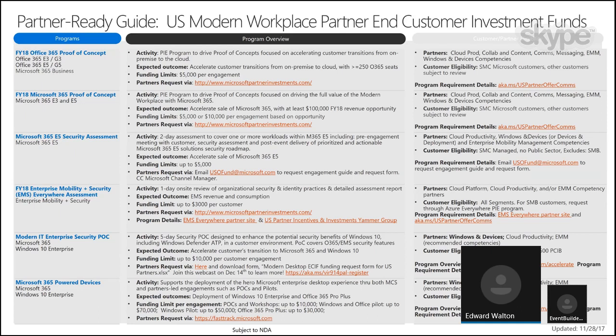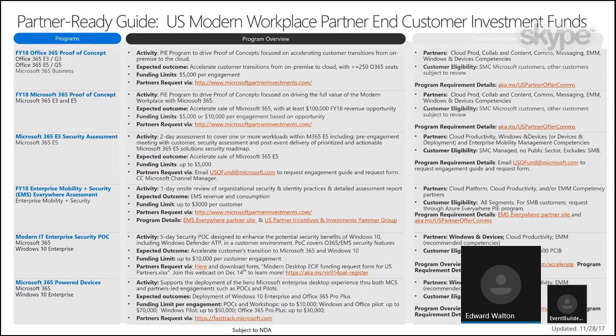They have differing funding limits, activities, as well as requirements to qualify to deliver these to your customers. That ranges from an O365 proof of concept all the way down to M365 powered devices, and that generally corresponds to a security touch point, where Windows 10 Enterprise will probably include Windows 10 Defender as well as Windows 10 Advanced Threat Protection.